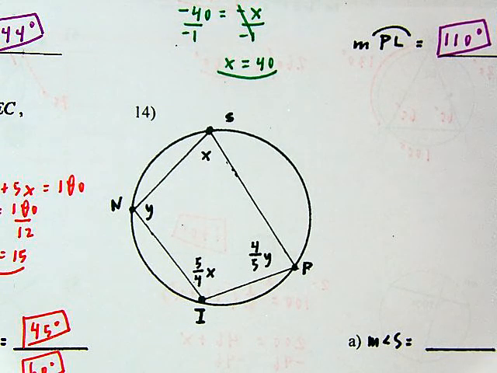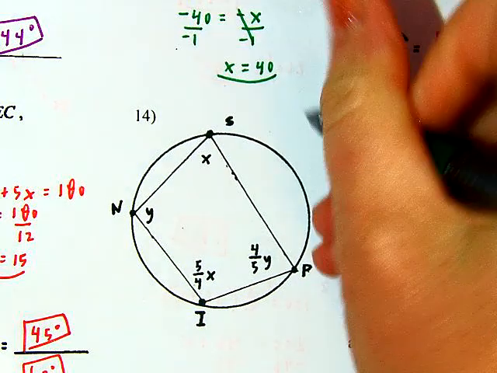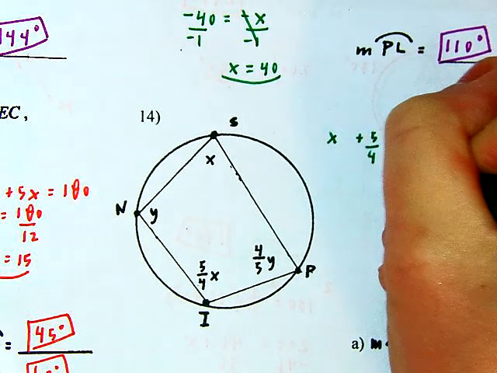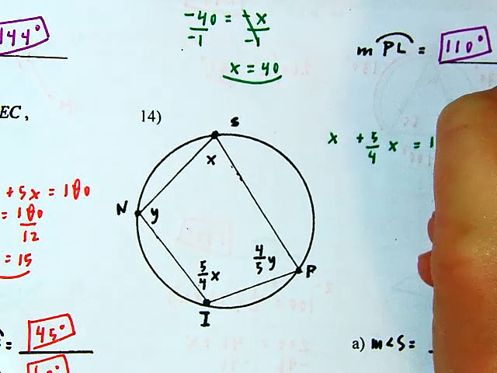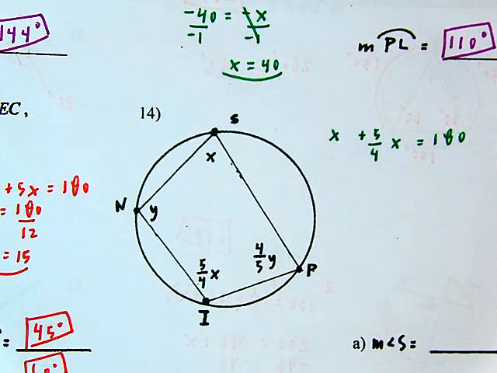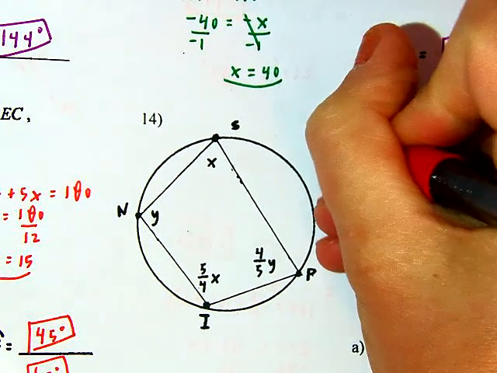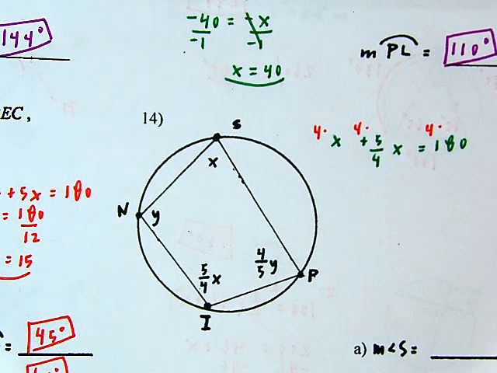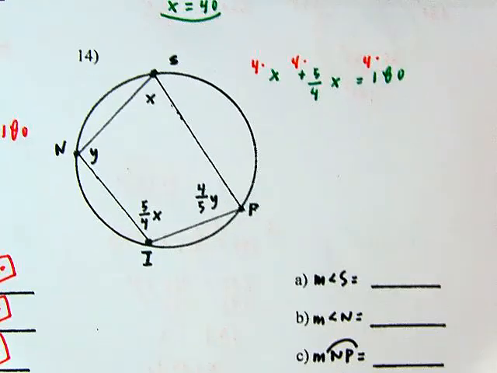If I solve for x first, I can say that x plus 5/4 of x would equal 180. I want to clear my fraction, so I'm going to multiply every term by 4.